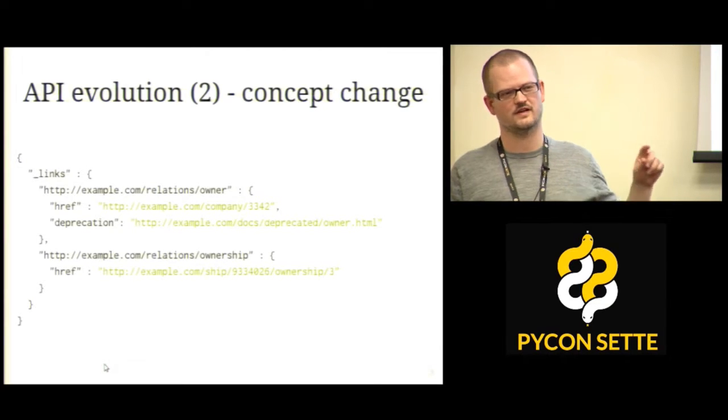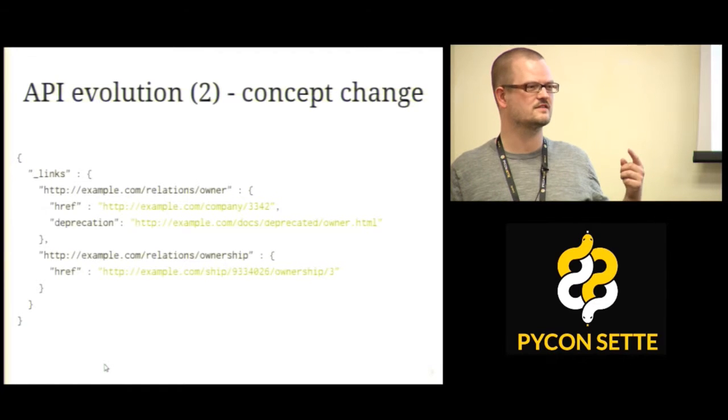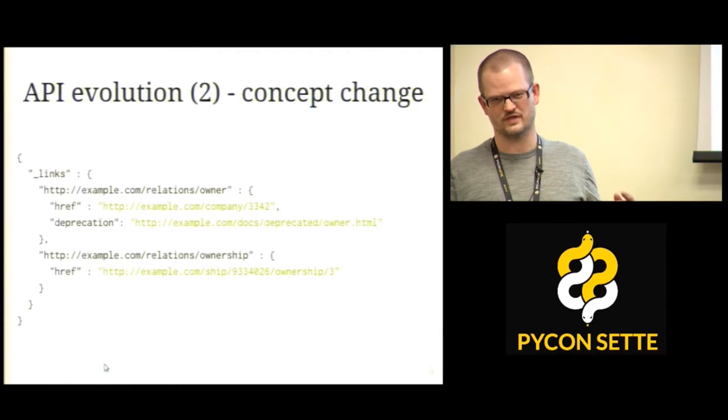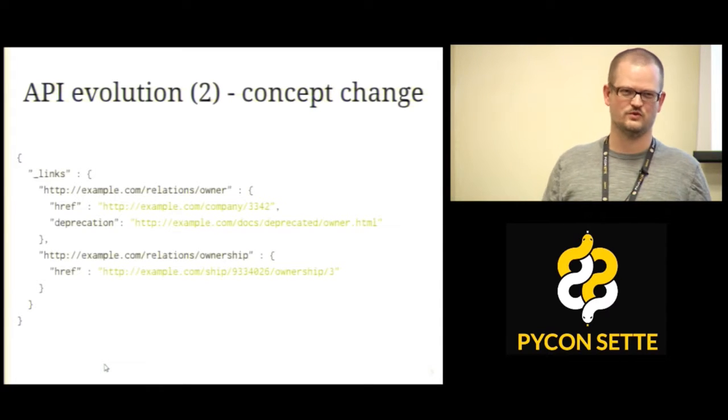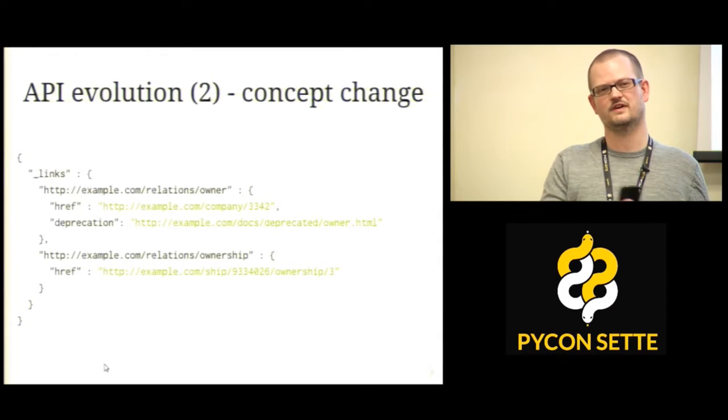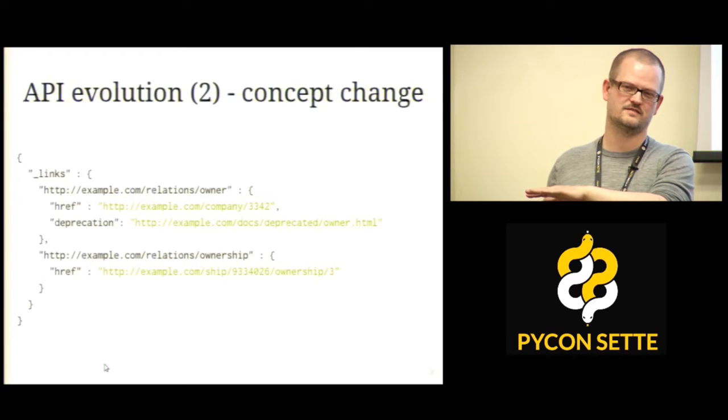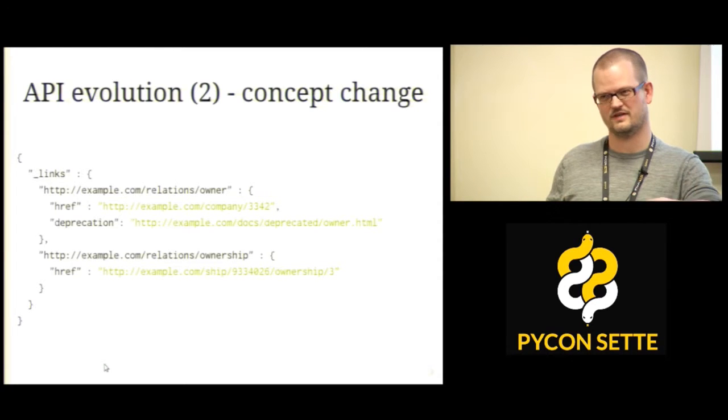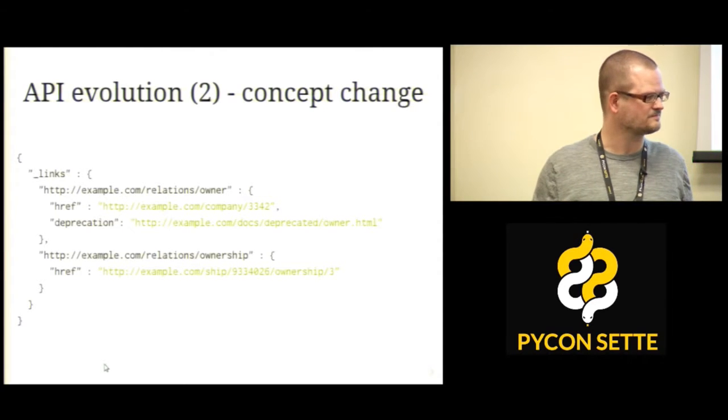You can then log which clients are still using the old endpoints, and you can start to mail them and talk to them and say, well, what can we do to help you to migrate to the new endpoints? And you can very fluently migrate clients from old endpoints to new endpoints.